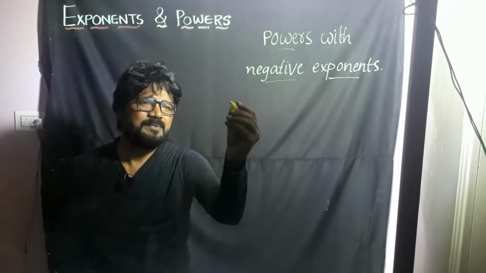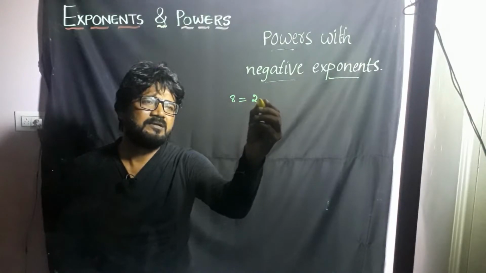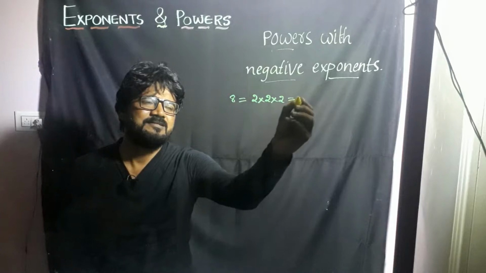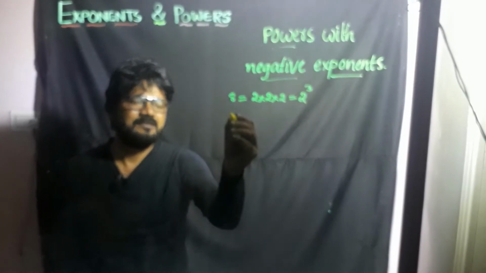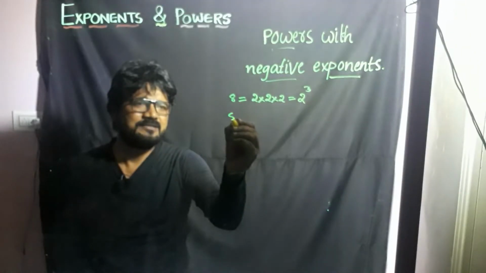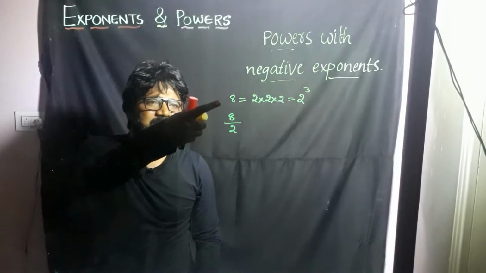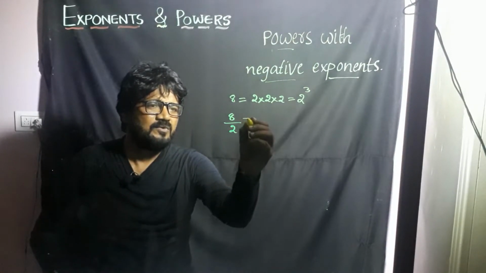Now let us observe the pattern. 8 is written as the product of 2 into 2 into 2, that is 2 to the power of 3. Now the same 8 is divided by 2, which gives 4.